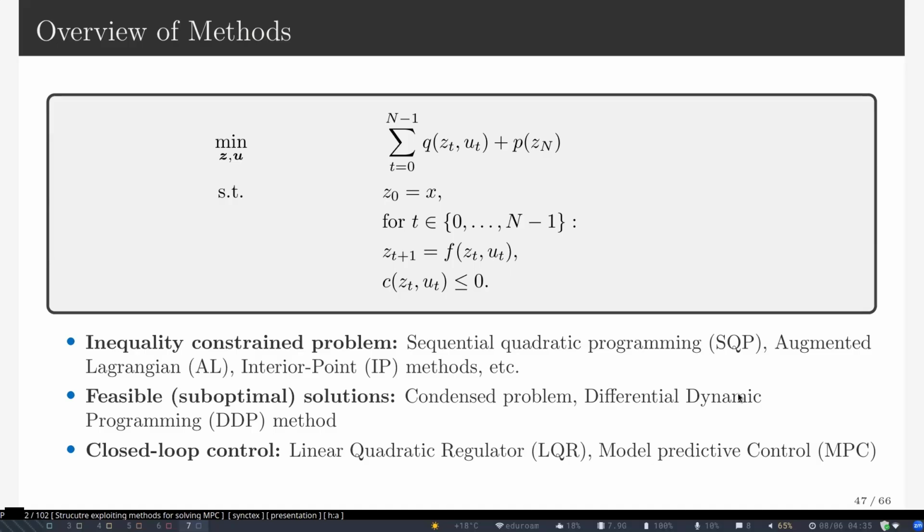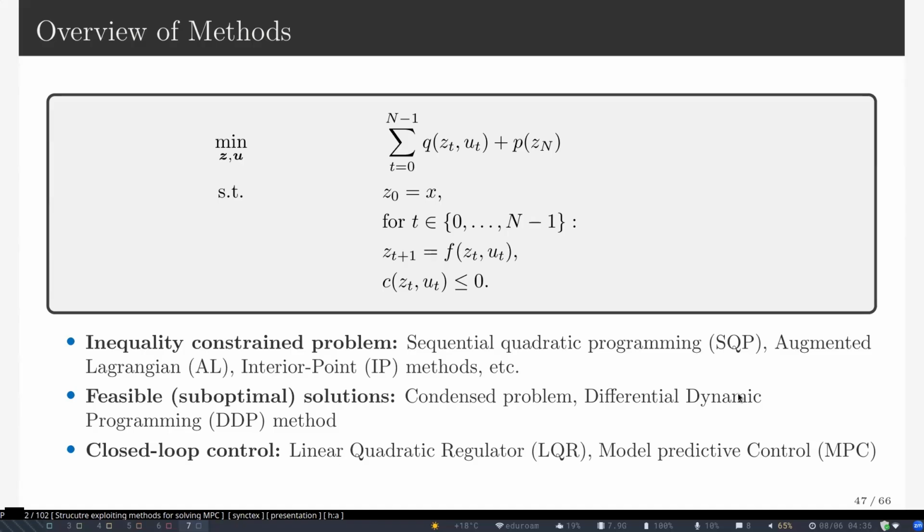Again, there is a bunch of algorithms that people might use. They can use SQPs to solve these. They might use first-order methods. They might use zeroth-order methods. We can have different reformulations of these problems, particularly differential dynamic programming, which is what I care about and will spend more time talking about.